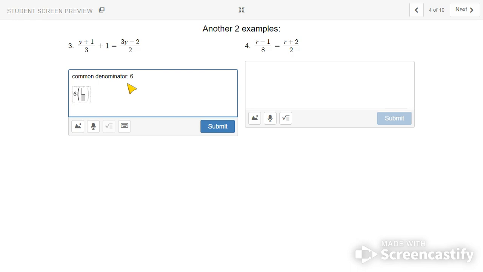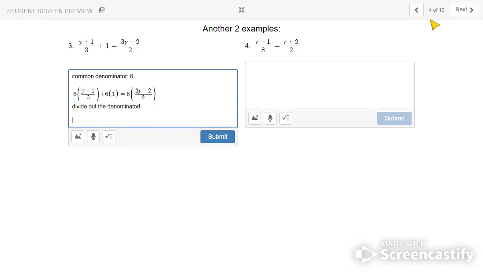6 times y plus 1 divided by 3 plus 6 times 1 is equal to 6 times 3y minus 2 divided by 2. Divide out the denominator. 6 divided by 3 gives us 2.